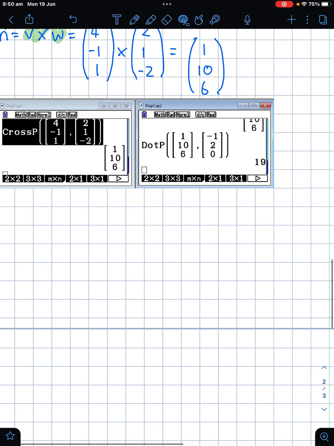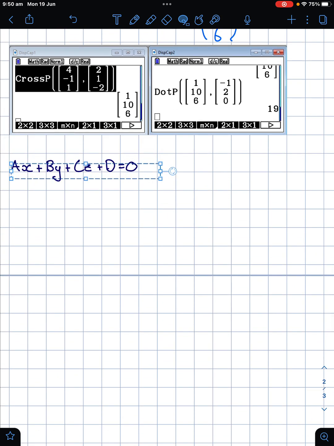So I'm going to paste that down here. With our normal, it's going to be 1x plus 10y plus 6z plus d, which we don't know, equals 0.